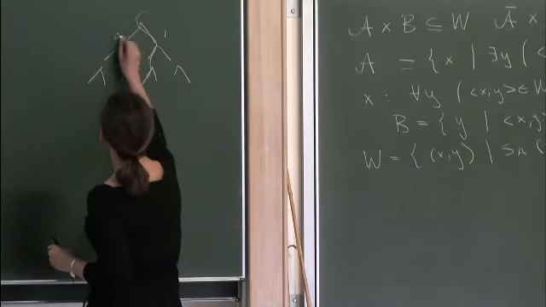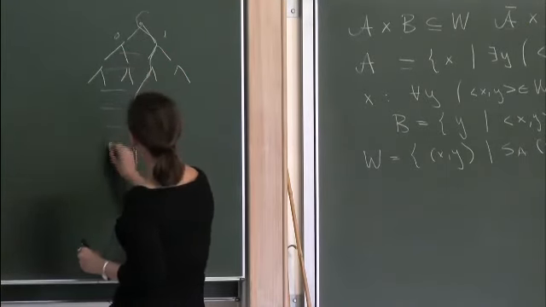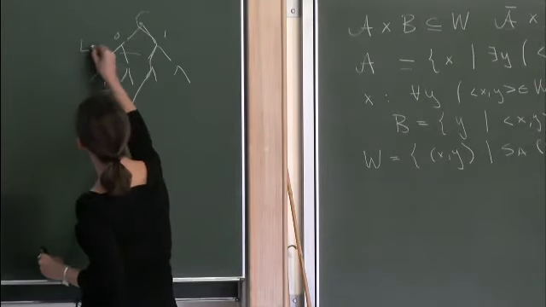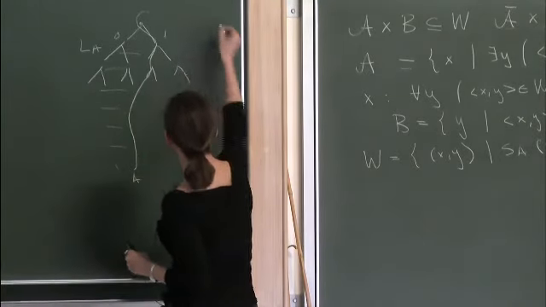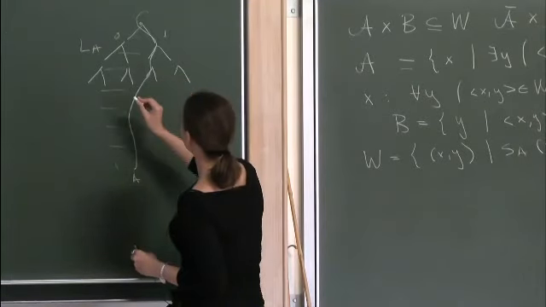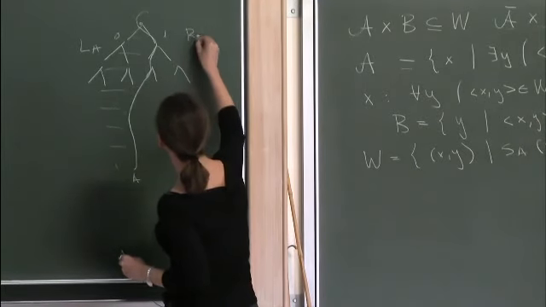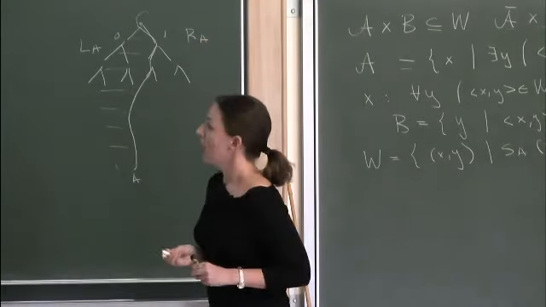So all finite binary strings that are to the left of it and along it, this is going to be left A. The complement of this set will be all the finite binary strings that are strictly to the right. That's why we call it right A.